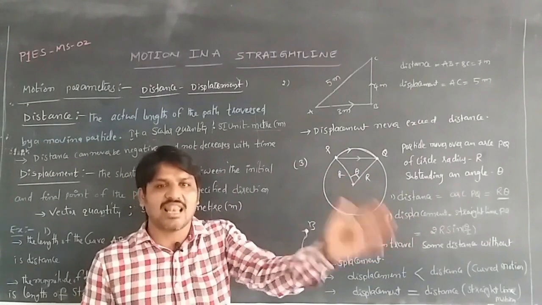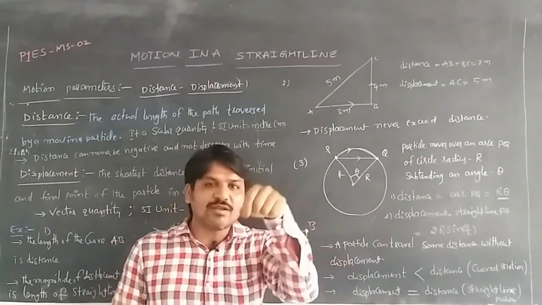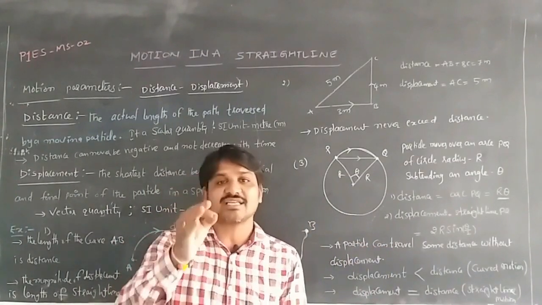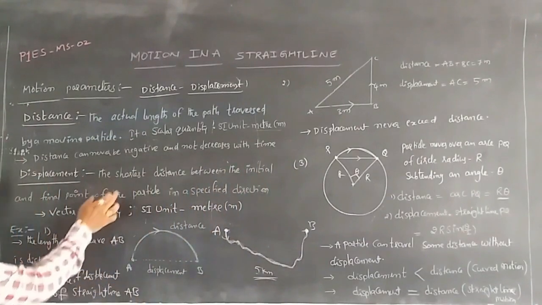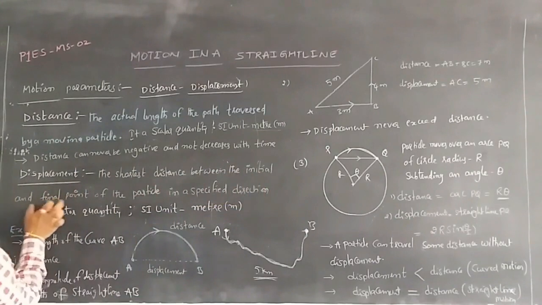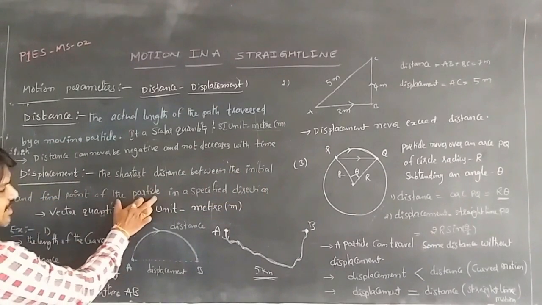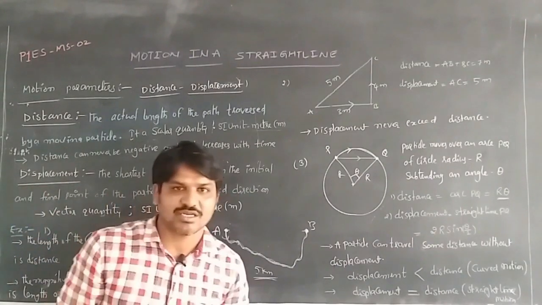If we draw a line from the initial point to the final point, that will be the displacement. It means the length of the shortest path, the shortest distance between the initial and the final point of the particle in a specified direction, is called displacement.